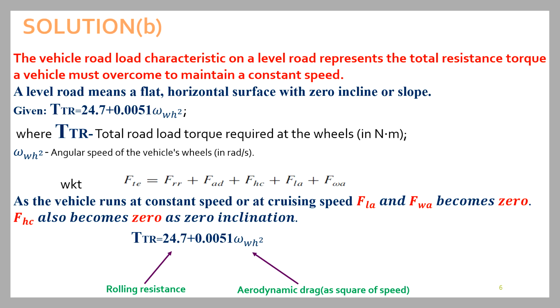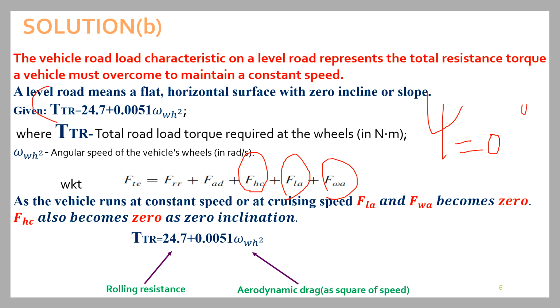Acceleration becomes 0, so FWA and FLA become 0. The inclination is given as 0 degrees in this problem. As psi is 0, the hill climbing force also becomes 0. So the only two terms left over are FRR plus FAD.